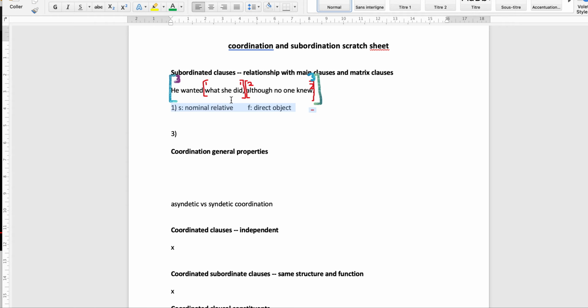So the fact that these are inside might lead us to believe that this is going to be subordinated to everything we have. So 1 is going to be our subordinate clause, because it's contained within 3, the whole thing.